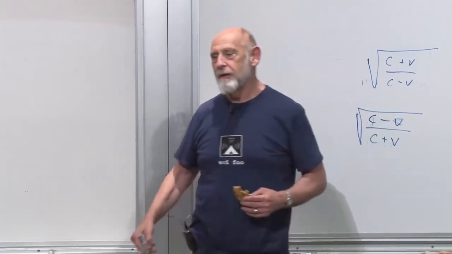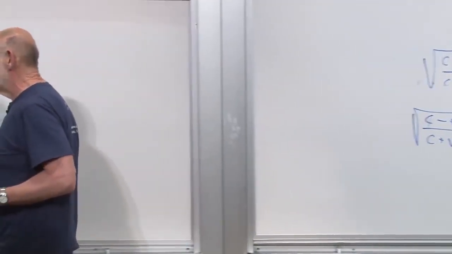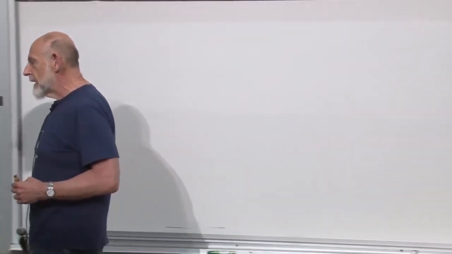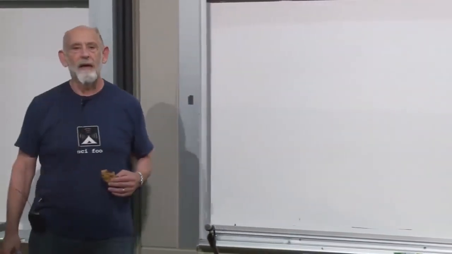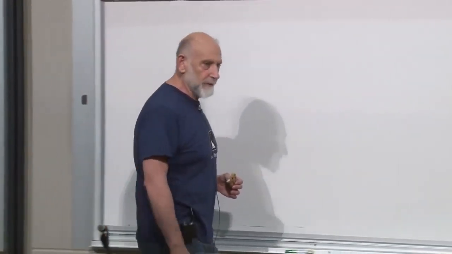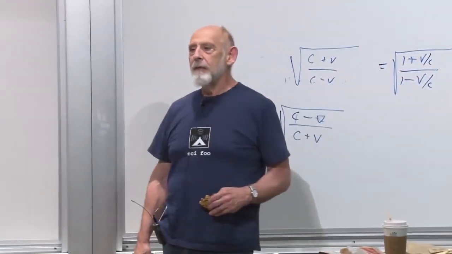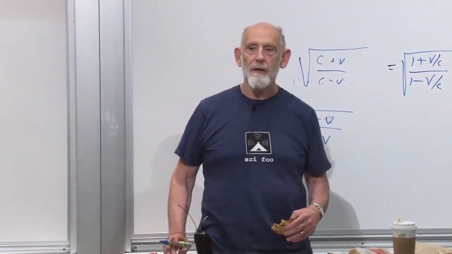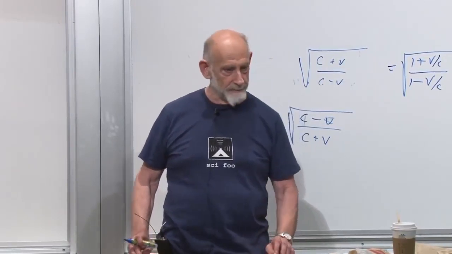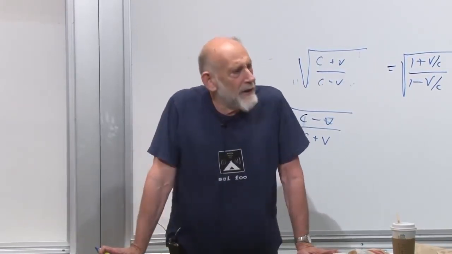In particular, we want to ask the question, if a field affects a particle in a certain way, for example, by creating forces on it that accelerate it or whatever they do, must it not also be the case that the particle affects the field? Well, why do I say that? Why does it have to be the case?